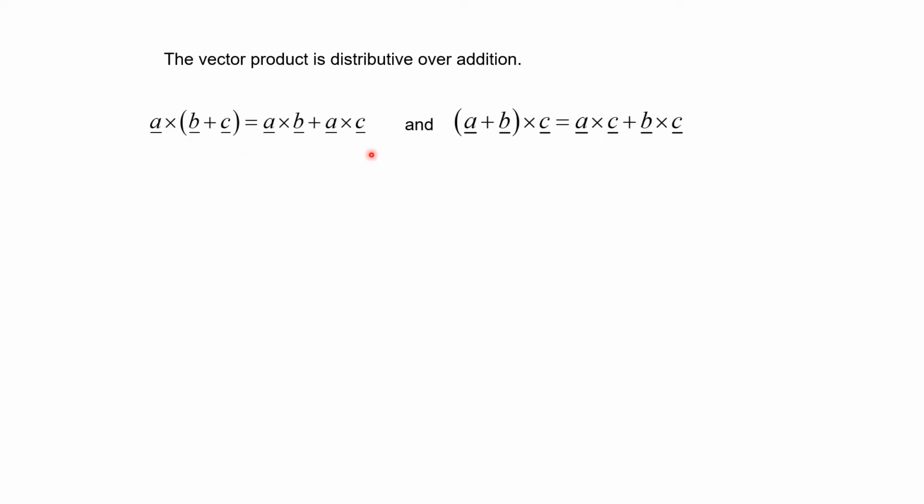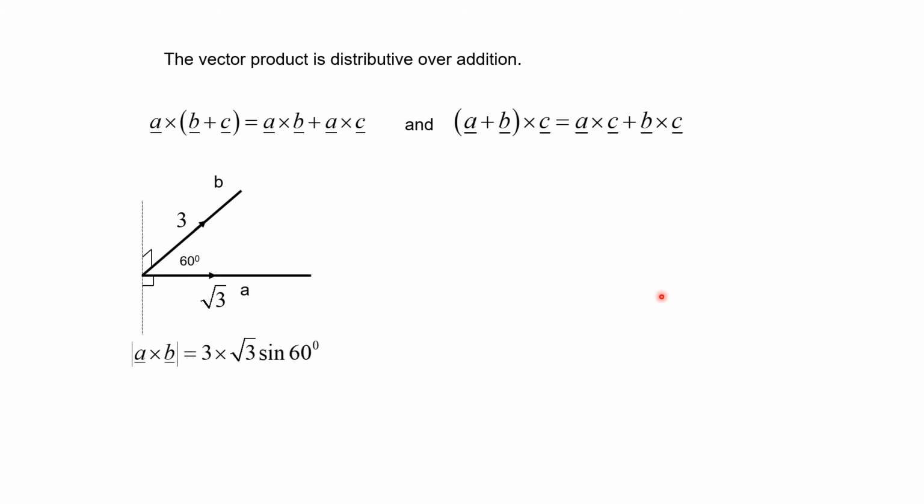You can also arrange it as vector A plus vector B first, and then cross product C. It will be the same as A cross C added with B cross C. So this is a very important distributive law for the vector product.